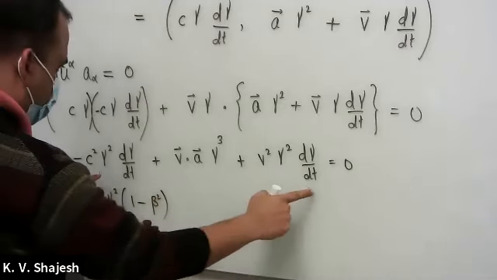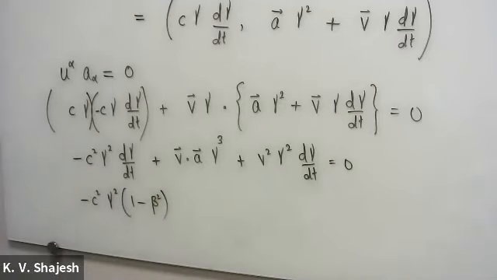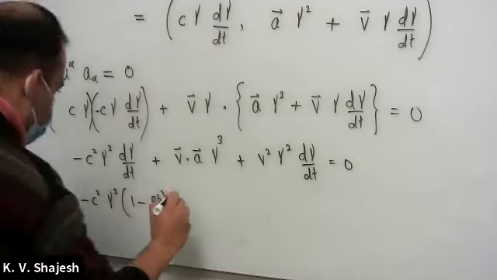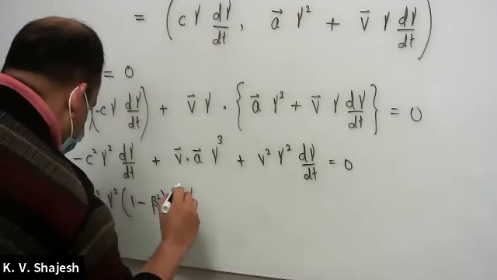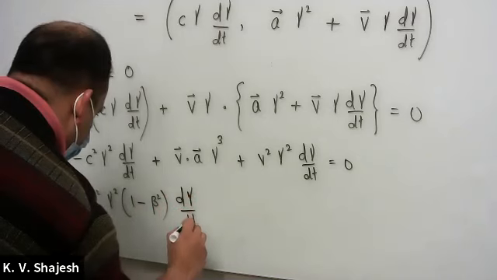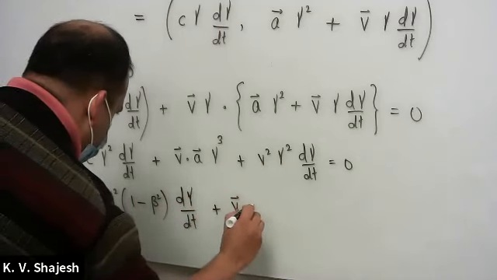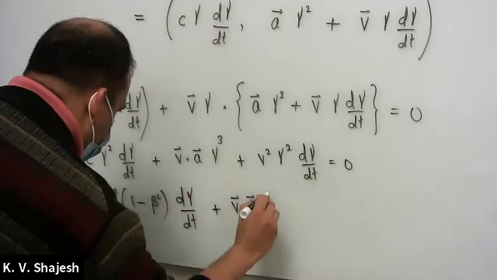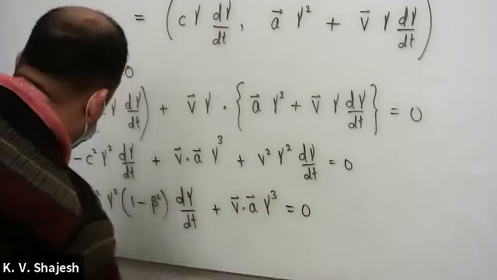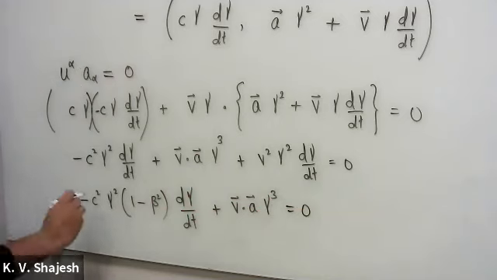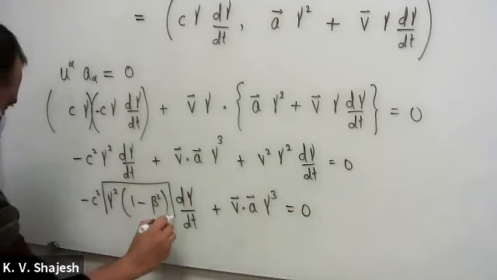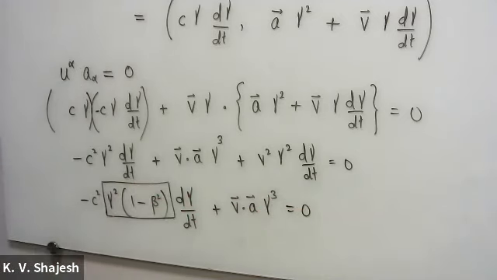These two combined together with the same feature that we saw earlier. d gamma over dt plus v dotted with a, gamma cube is equal to 0. What is the quantity in the square brackets? 1. That's exactly equal to 1.